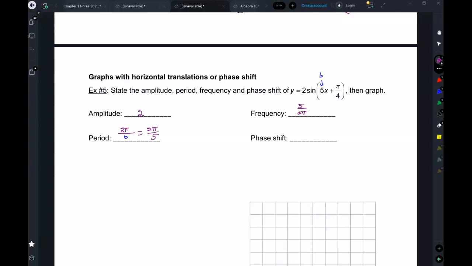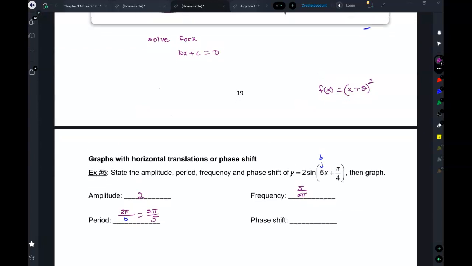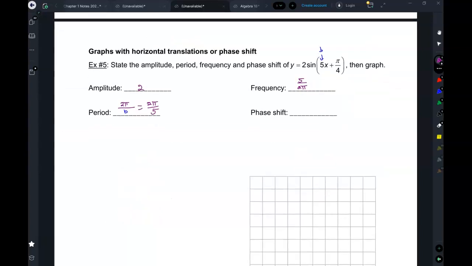Phase shift. You know how we always took the stuff in the parentheses and set it equal to 0? That's what we're going to do. Take 5x plus pi over 4 and set it equal to 0. 5x is negative pi over 4. Then divide by 5, which is like multiplying by 1 over 5.